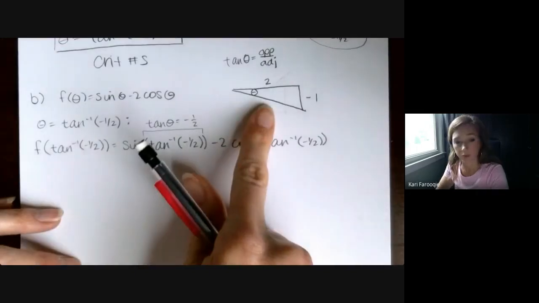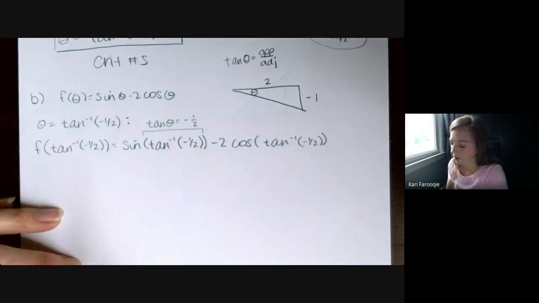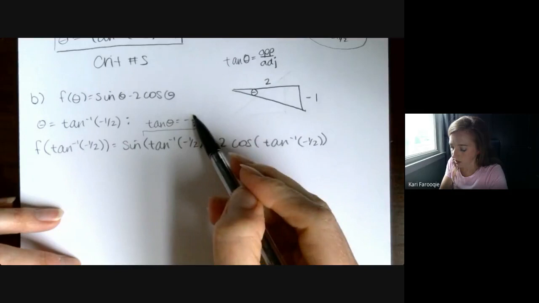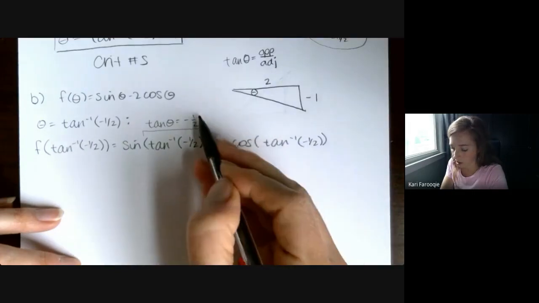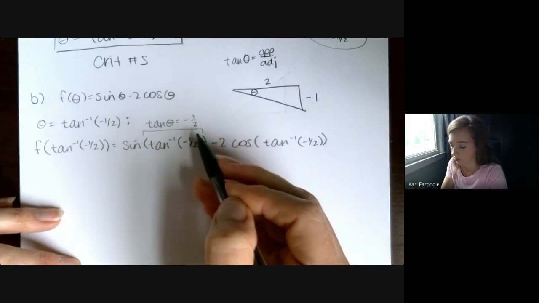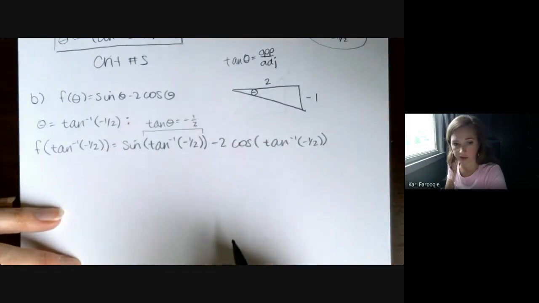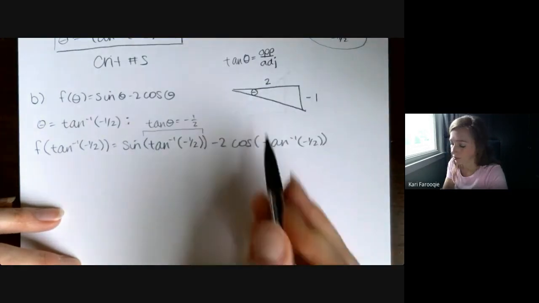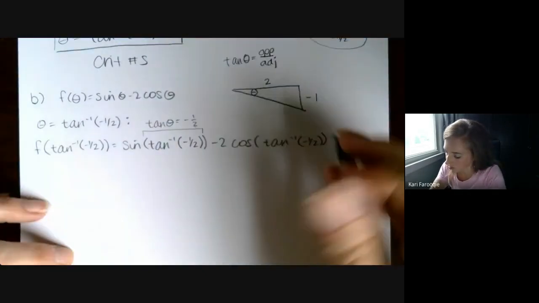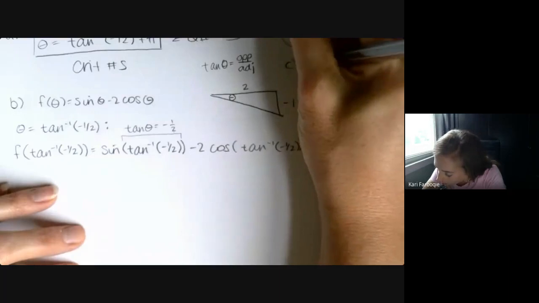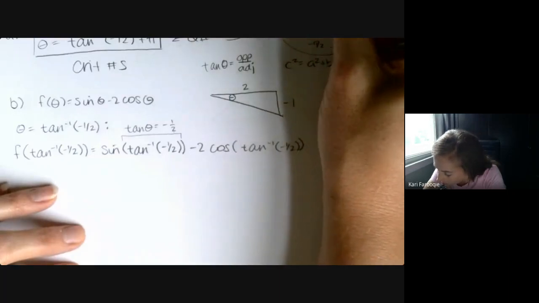And then you would just be missing your hypotenuse. So you have negative 1 over 2. So negative 1 would be the opposite. 2 would be the adjacent. So there's your tangent theta. And then in order to get the hypotenuse, let me see, c squared equals a squared plus b squared.